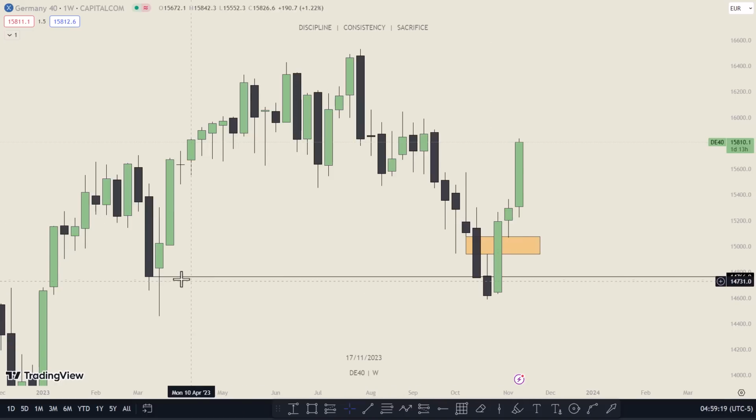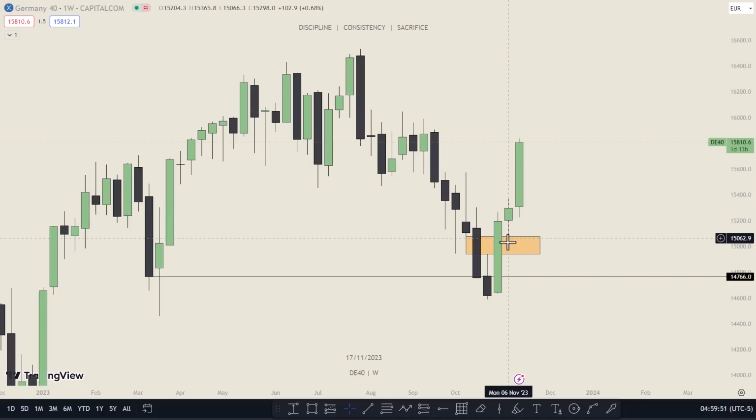Here it took liquidity below this old low right here, and what is left is this imbalance right here. Price went to that objective and balanced that imbalance, but it violated this fair value gap and we closed above it. So this became an inverted fair value gap.